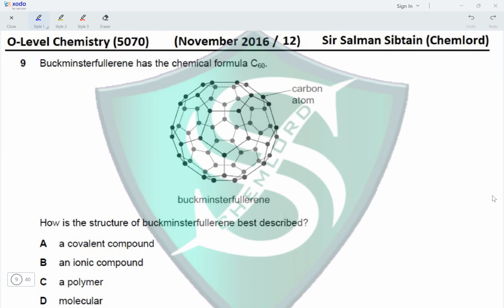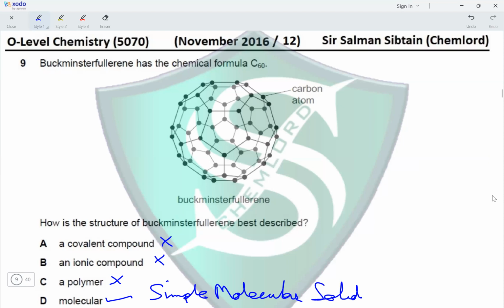So if it is made up of 60 carbon atoms, all forming covalent bonds, then it is a simple molecular compound. So covalent, ionic, and polymer are incorrect. Molecular is correct. And to be more specific, it should have been simple molecular solid. So this makes option D the correct option for this question.